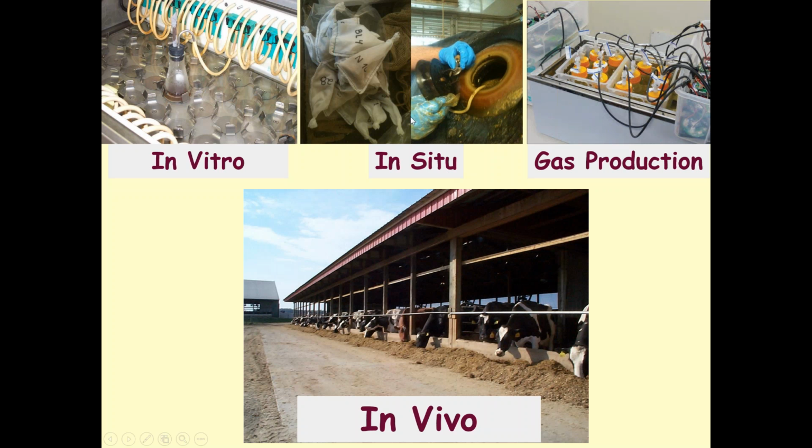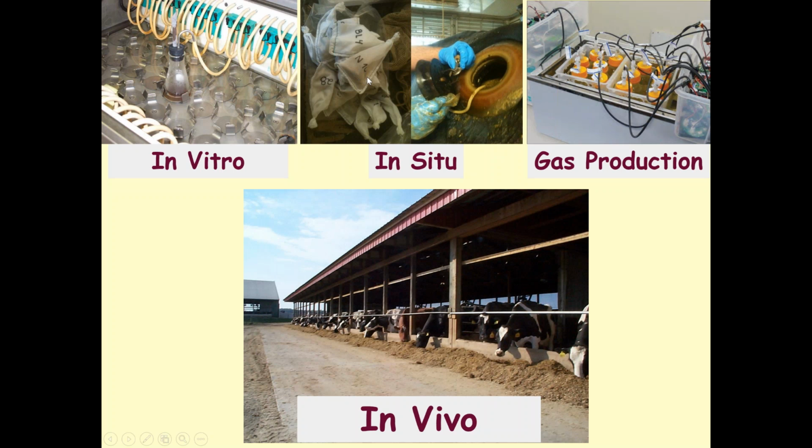Also, at least one lab in the state, Rock River, has been using quite a bit of in situ or in sacco to measure starch digestibility in the rumen. And that basically is a research technique that we've often employed in university research trials, where you take the test feed, you put it into a Dacron bag, a very fine mesh that allows bacteria to get in, but hopefully fine enough that most of the fine particles do not escape.